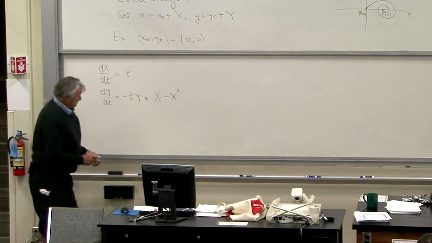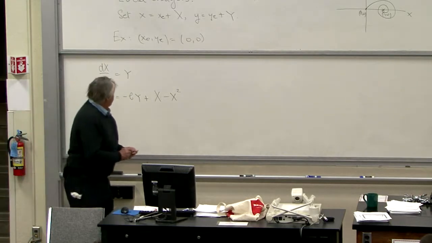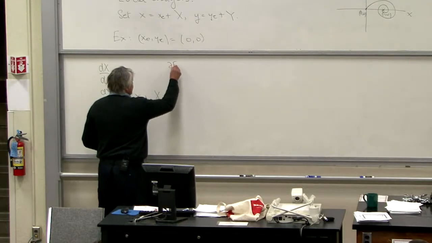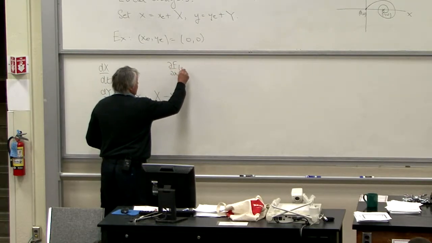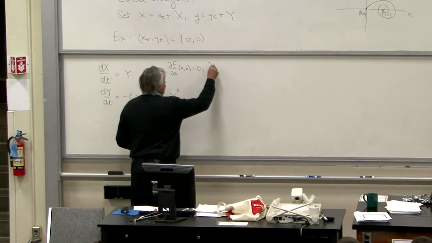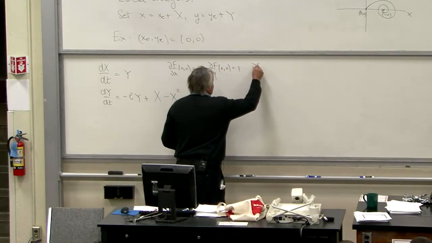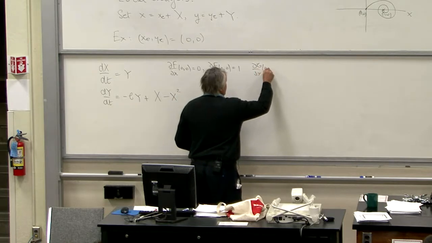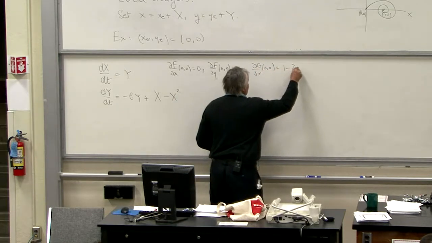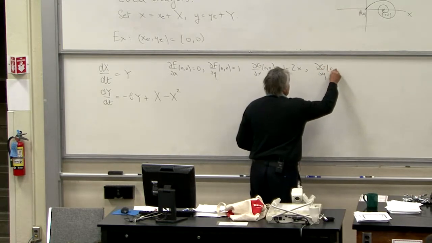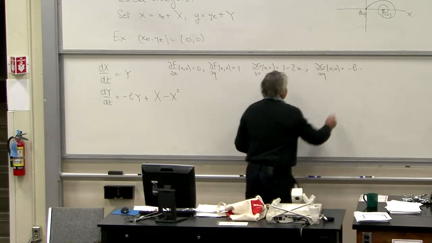That's it. And what you would find in general is that df by dx at 0, 0 is 0. df by dy at 0, 0 is 1. dg by dx at 0, 0 is 1 minus 2x. dg by dy at 0, 0 is minus b.